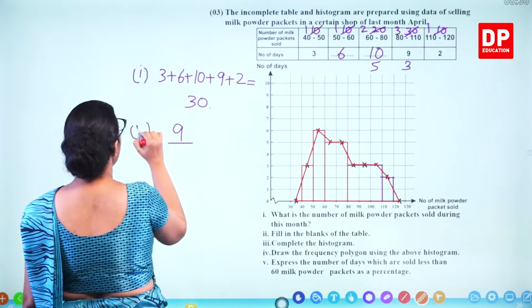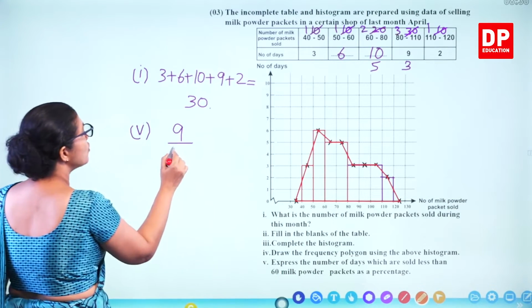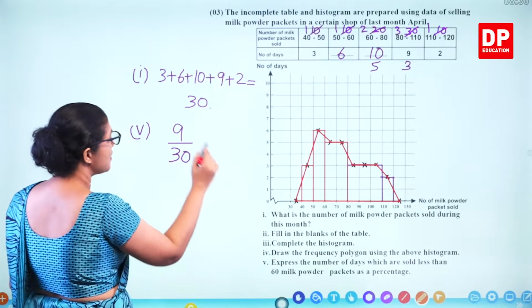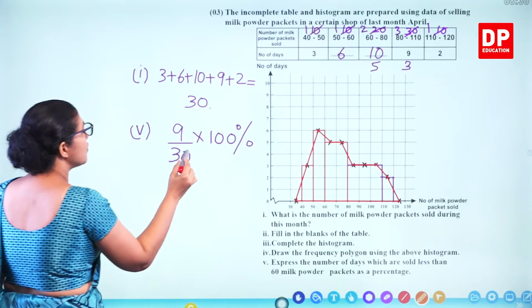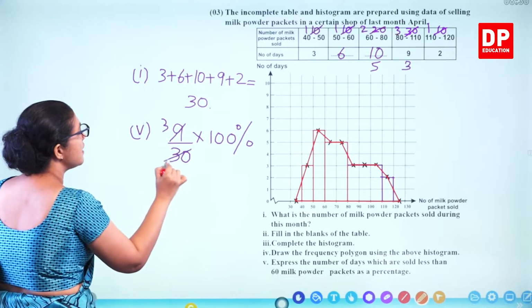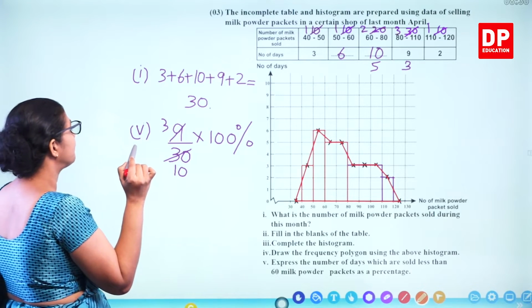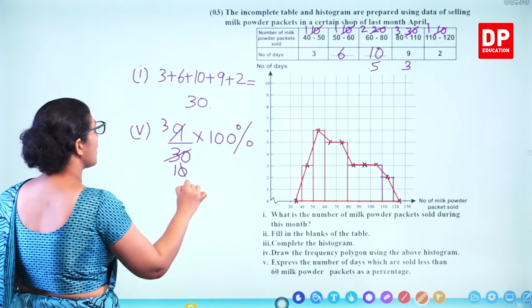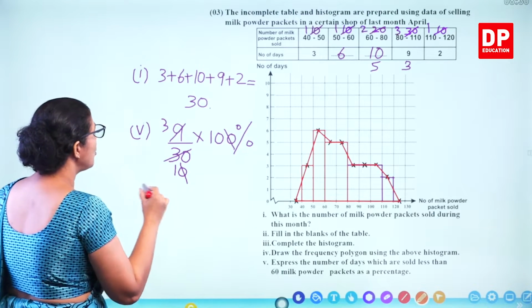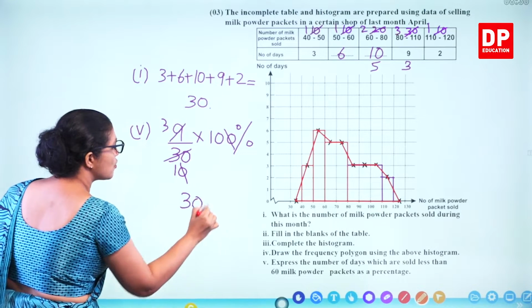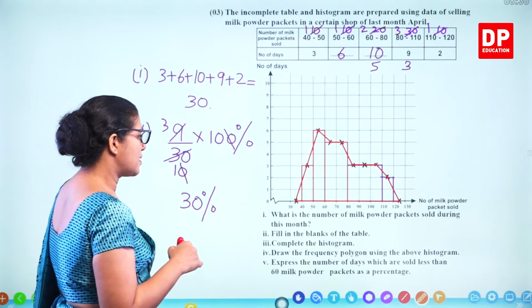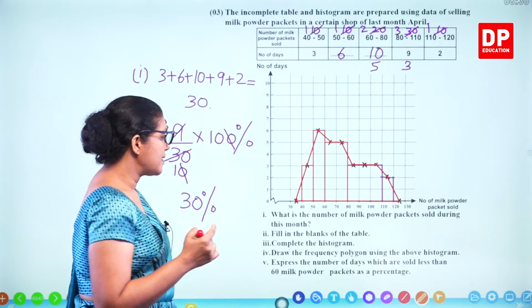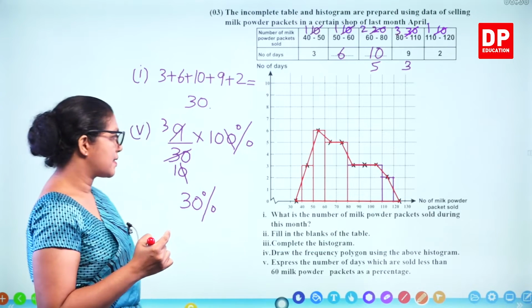We need it as a percentage, multiplied by 100. So that means 3 times 3, 3 times 10. You cancel out and get 30%. So 30% of days sold less than 60 milk powder packets.